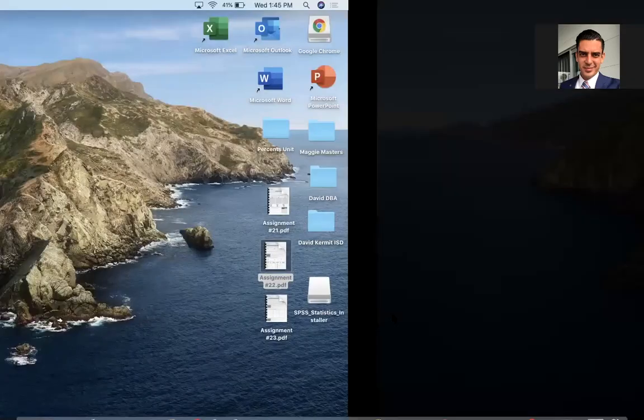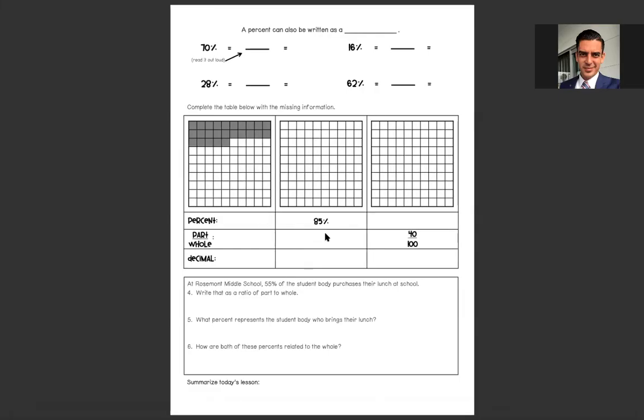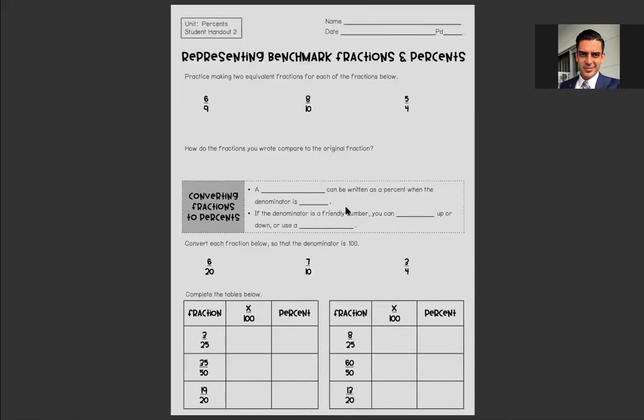Let's look at that one. So that's assignment 21. Assignment 22 would be this one right here. Assignment 22 first starts off with practice making two equivalent fractions for each of the fractions below.